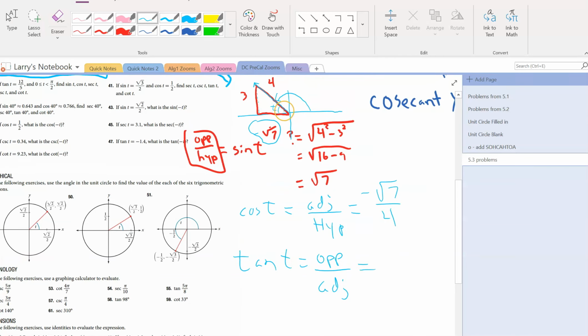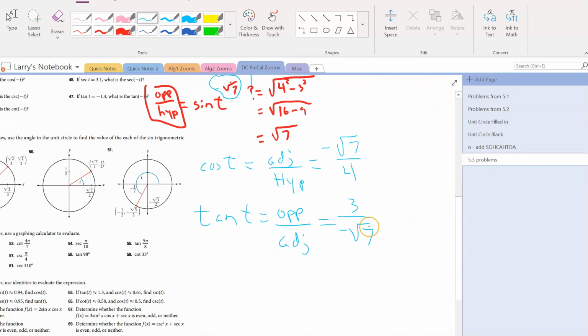So from t, the opposite is 3. The adjacent is negative square root of 7. This is 3 over negative square root of 7. Now we should rationalize our denominator, but we're going to leave it like that for right now. It's going to help for the rest of this problem. Cosine, tangent. Next we have secant. Secant is the reciprocal of cosine.